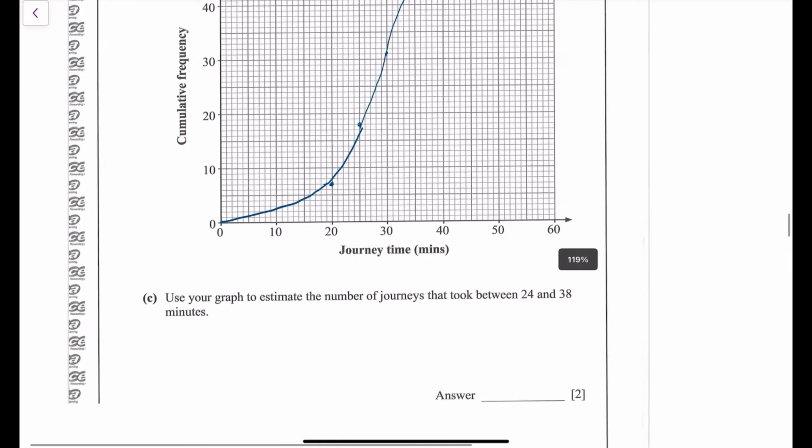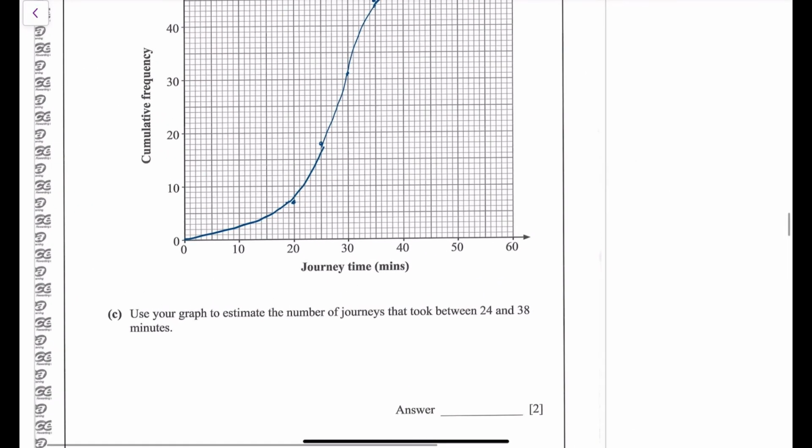That's what we've got. It says use your graph to estimate the number of journeys it took between 24 and 38. So you go up at 24 and across, and you go up at 38 and across. I'm doing this very roughly, so mine's not going to be right.